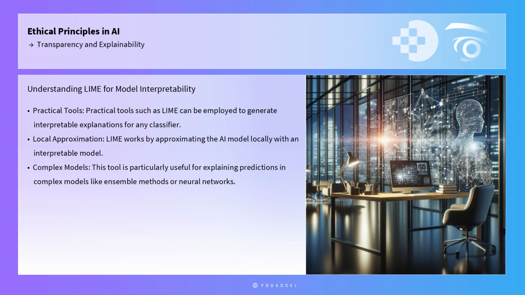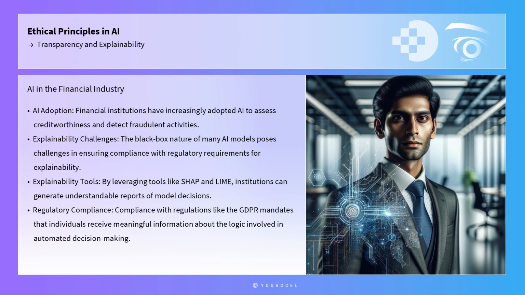The financial industry provides another illustrative example of the application of transparency and explainability frameworks. Financial institutions have increasingly adopted AI to assess creditworthiness and detect fraudulent activities. However, the black box nature of many AI models poses challenges in ensuring compliance with regulatory requirements for explainability.